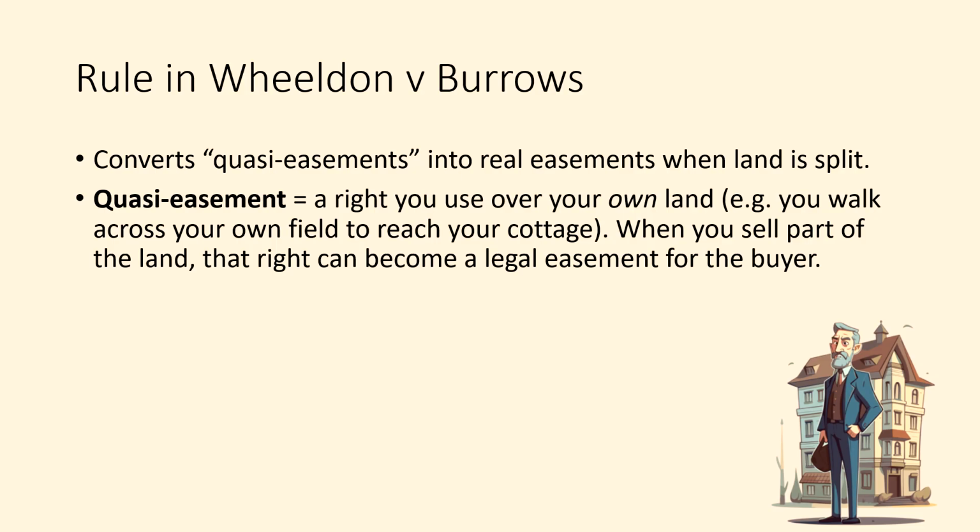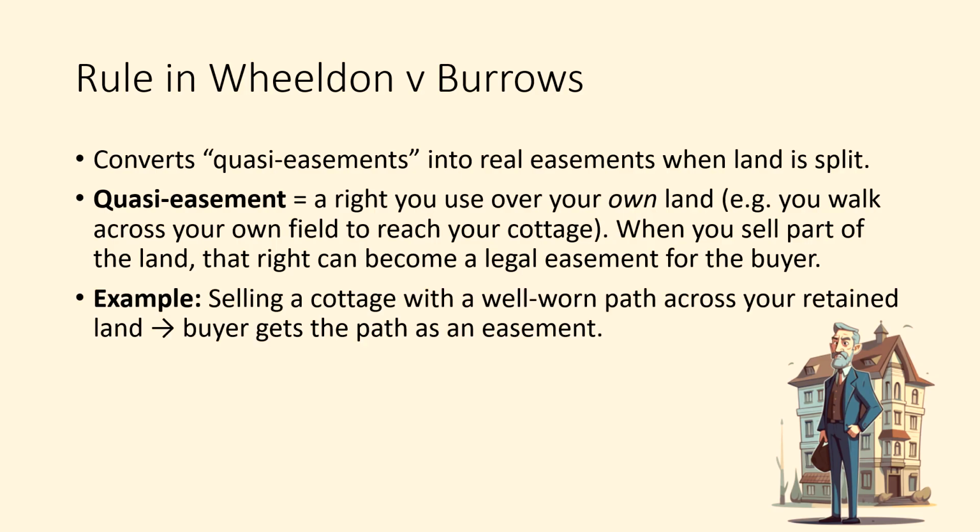And I walk to those different old buildings all the time, then this is basically a quasi easement, because I'm using this right of way over my own land, and it could potentially have been an easement, but at the time it is not, because I'm the only owner.